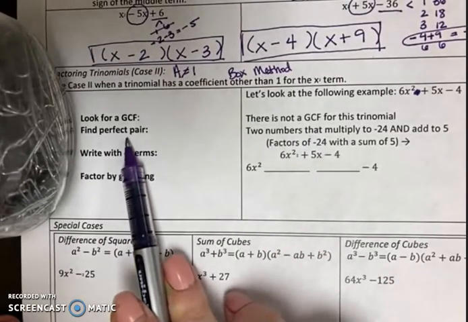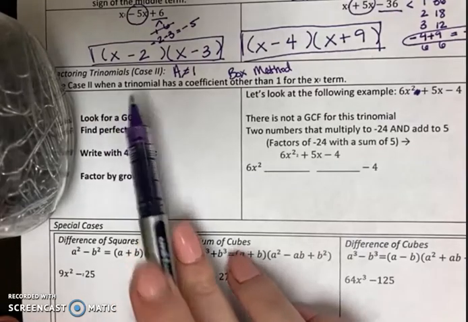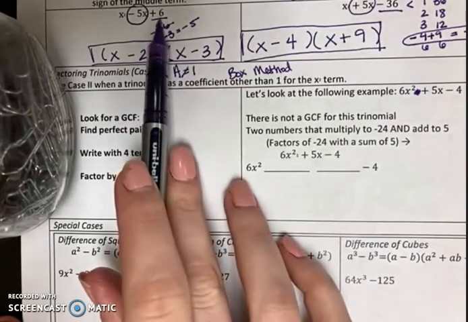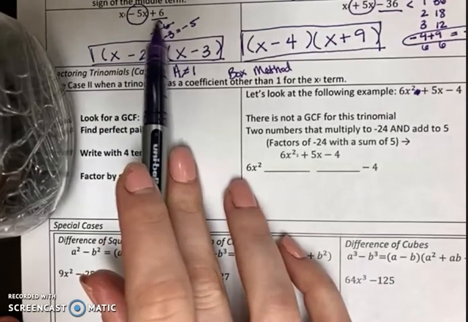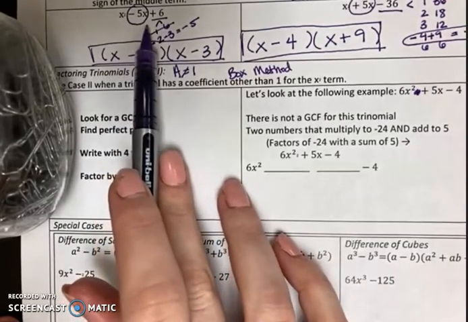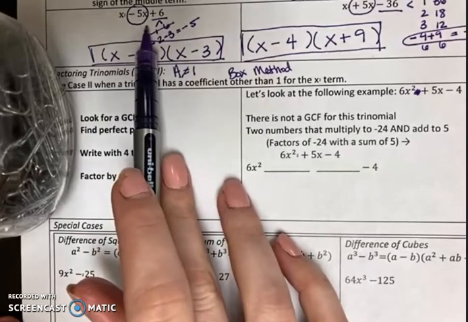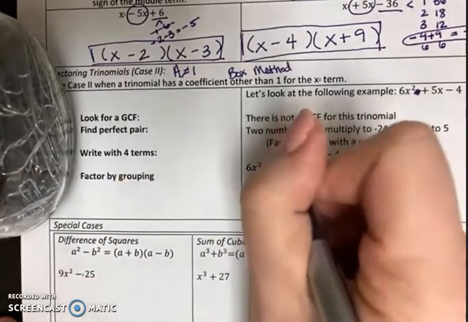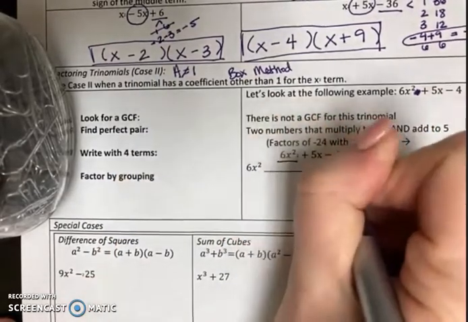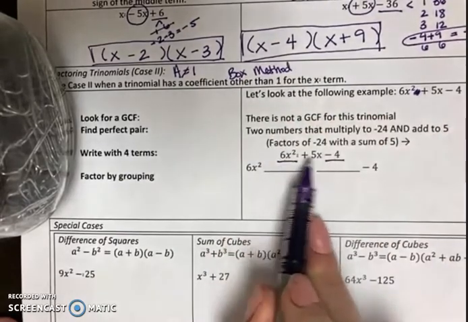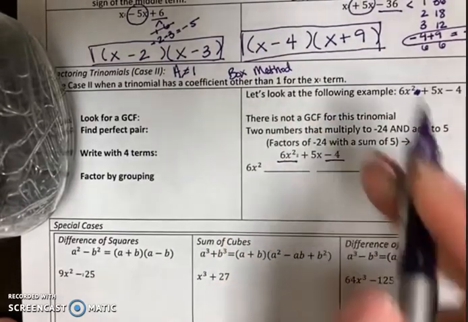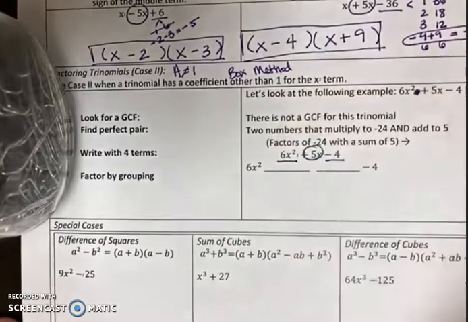Step 2, find the perfect pair. So this is very similar to what we were doing in case 1. Remember, we always asked ourselves what multiplies to give us the last term and adds to give us the middle term. Now we're going to say what multiplies to give us the first and last term and adds to give us the middle term. Okay?